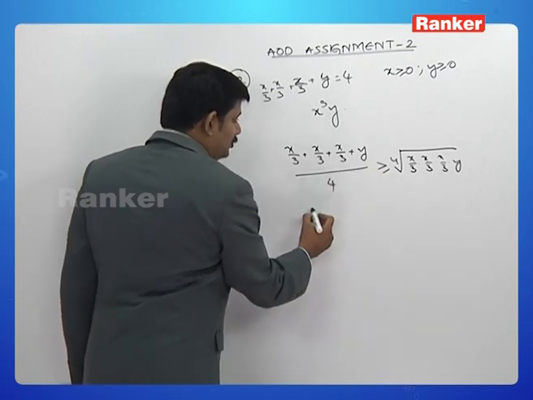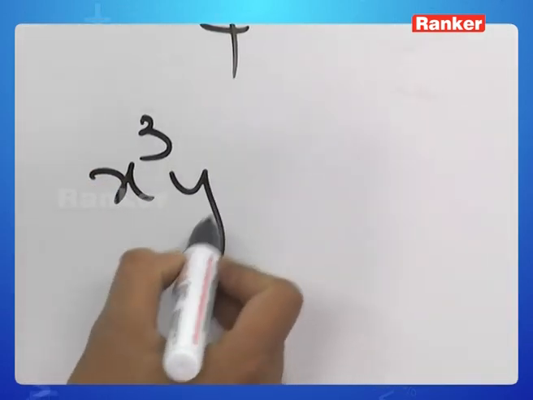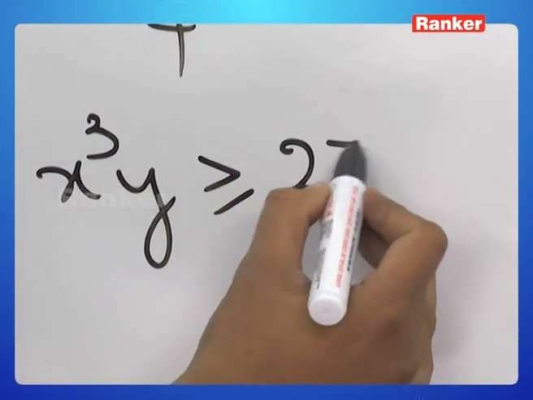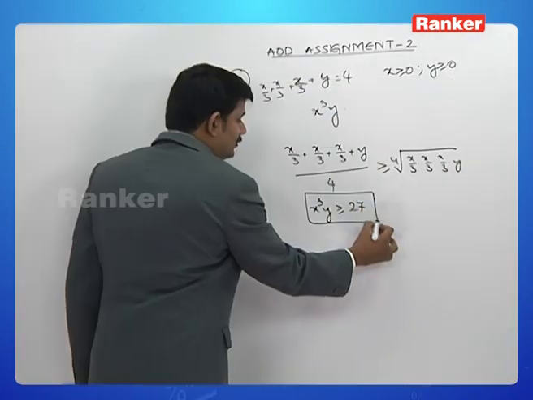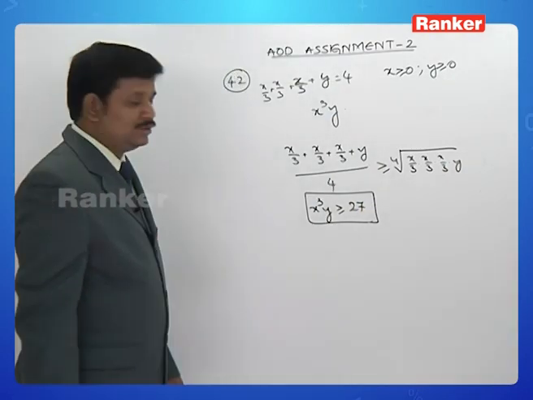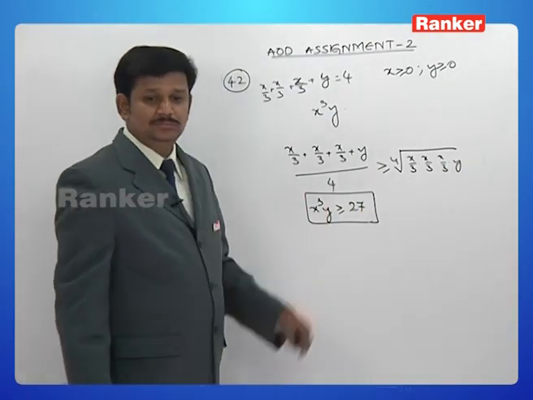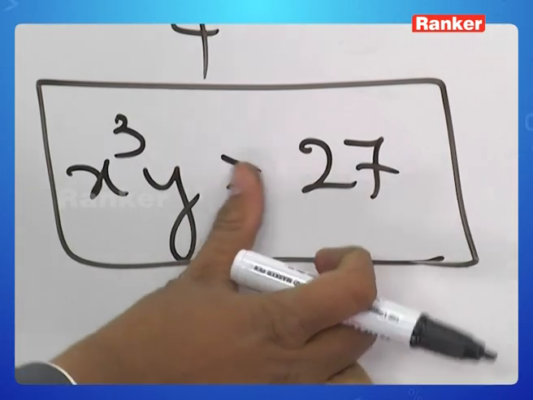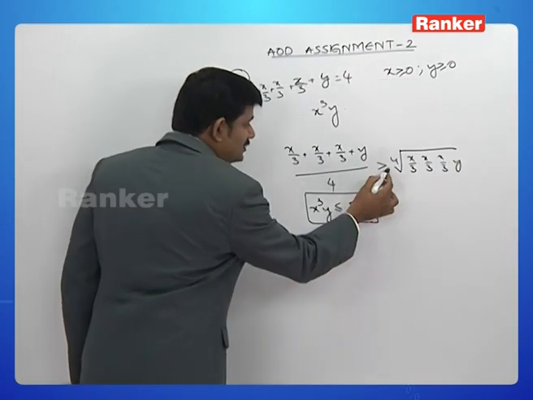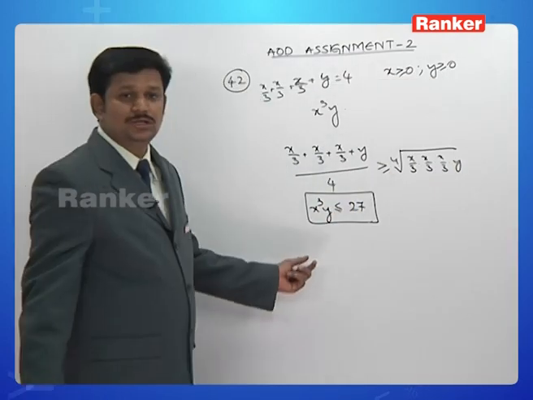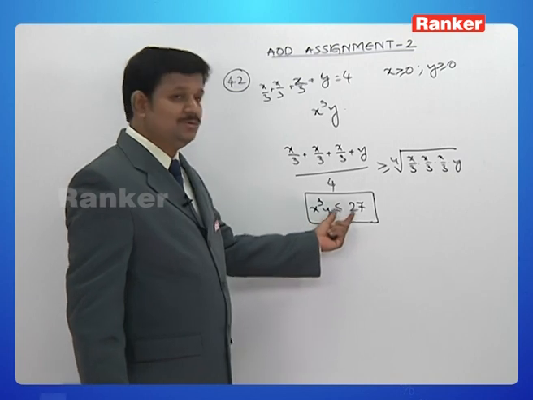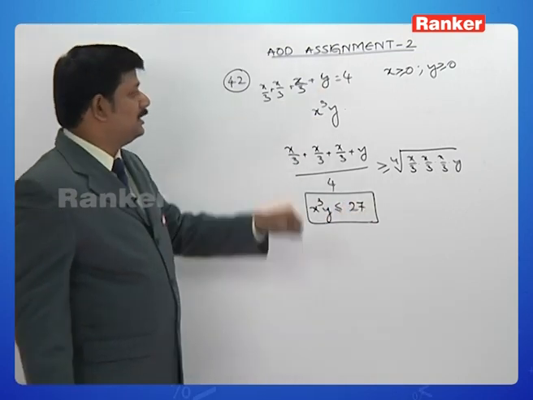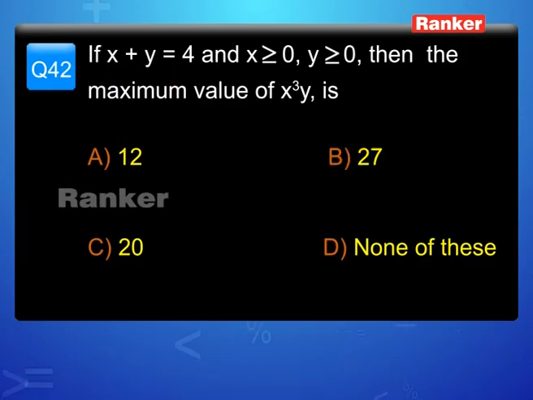Raising to the power 4 on both sides, x cube y by 27 is less than or equal to 1, or x cube y is less than or equal to 27. So, the maximum value of x cube y is 27, and that is when y is equal to x by 3. So, answer is option B.